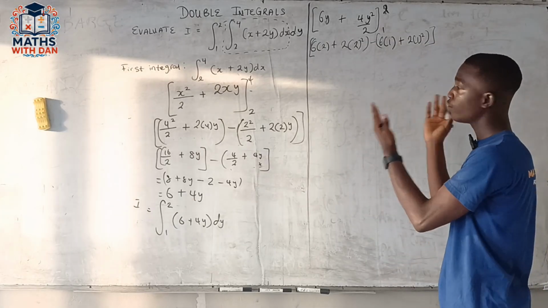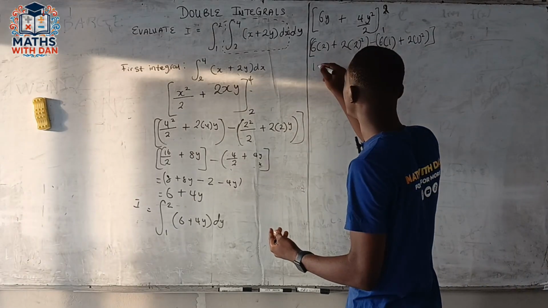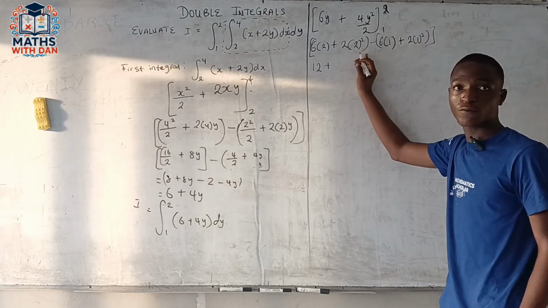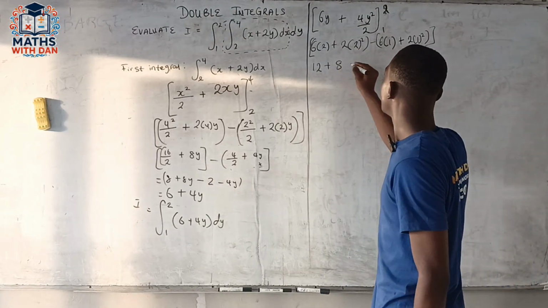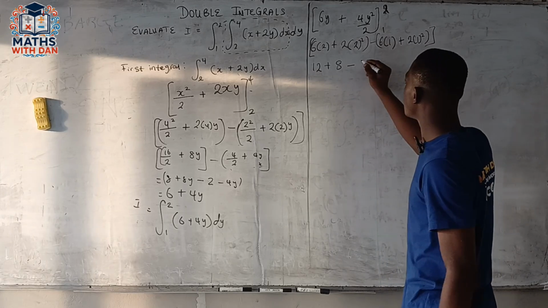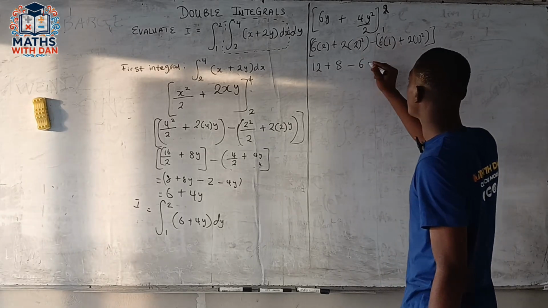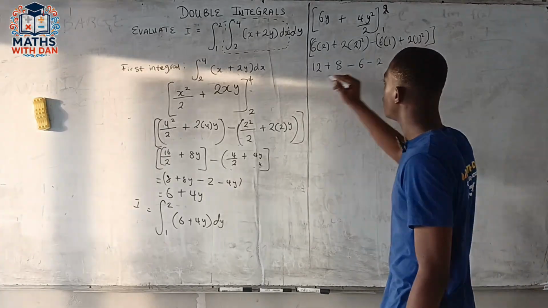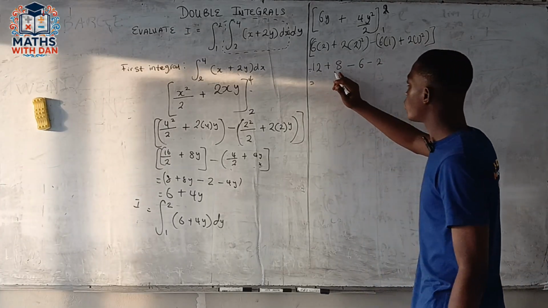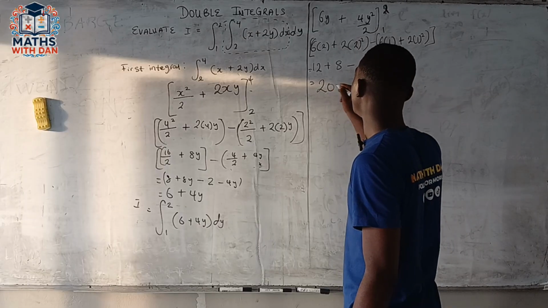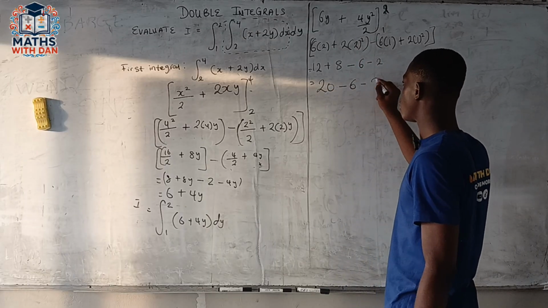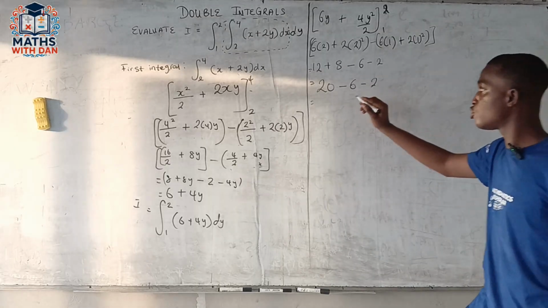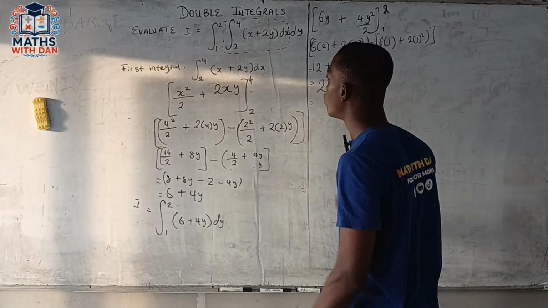So now we solve everything. 6 times 2 is 12, plus 2 raised to the power of 2 is 4, 4 times 2 is 8, minus 6 times 1 is 6, minus times plus is minus, then 2 times 1 squared is 2. So what are we going to have? 12 plus 8 is 20, minus 6, minus 2, right? 20 minus 6 is 14, 14 minus 2 is 12. So that's our integral.